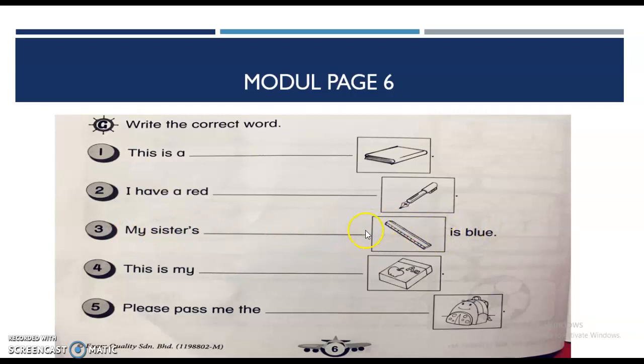Alright, what is this? Okay, number four, this is my... Untuk memadamkan pensel ni, apa nama dia? Okay, lastly number five, please pass me the... Okay, what is this? Okay, very easy, sangat senang.